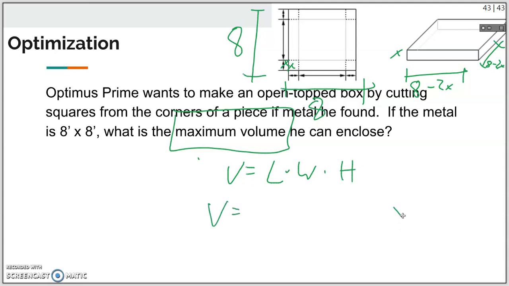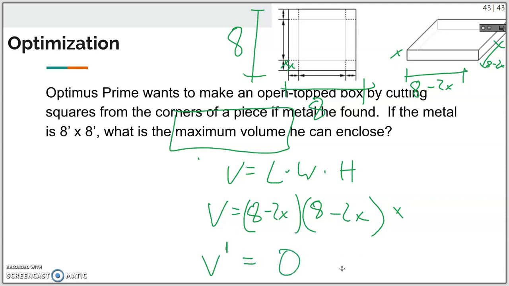Height is just x. Length and width are both 8 minus 2x. I'm not going to show every single step, but you would multiply this out, and then when you find the derivative, set that equal to 0, and that's where a max or a min could happen.